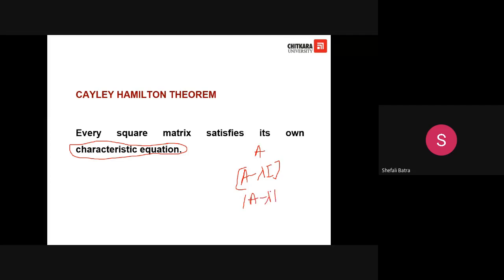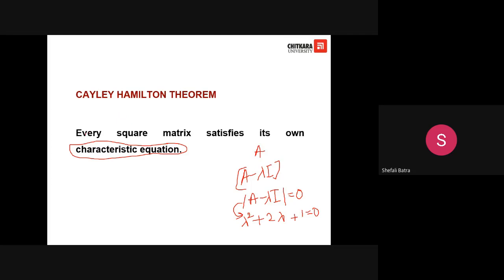When I am not equating this to 0, this is known as the characteristic polynomial, and when I equate it to 0, it becomes the characteristic equation, in terms of lambda. Let's say, for example, lambda square plus 2 lambda plus 1 is equal to 0. This is your characteristic equation.